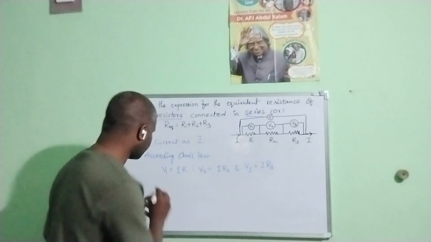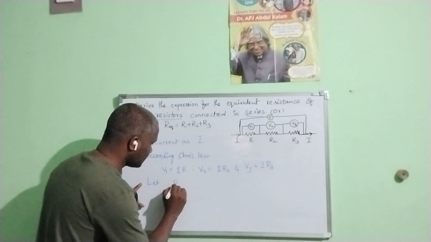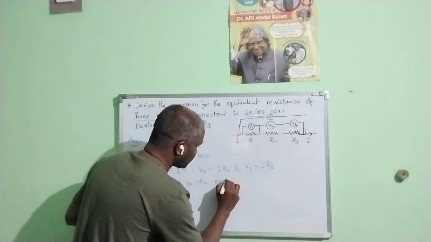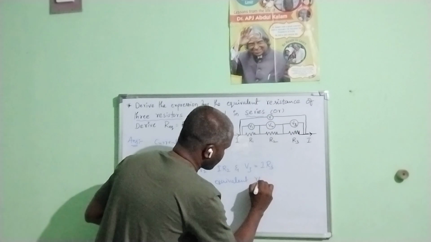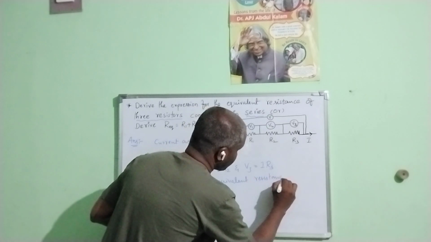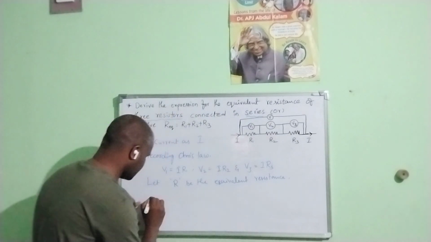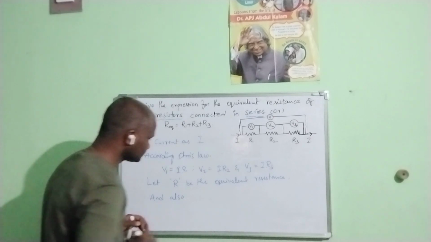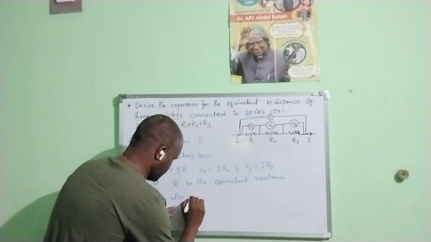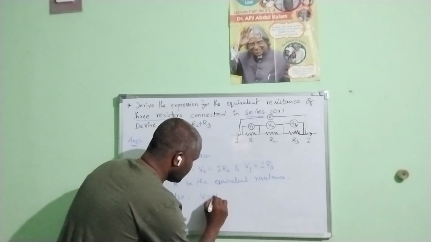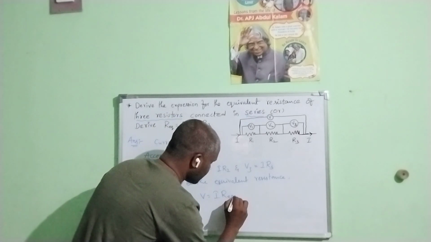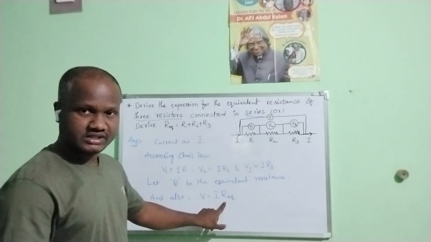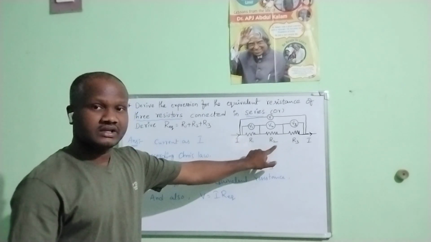Let R be the equivalent resistance, and also V is equal to I R equivalent, because we want to find the equivalent resistance when 3 resistors are connected in series.